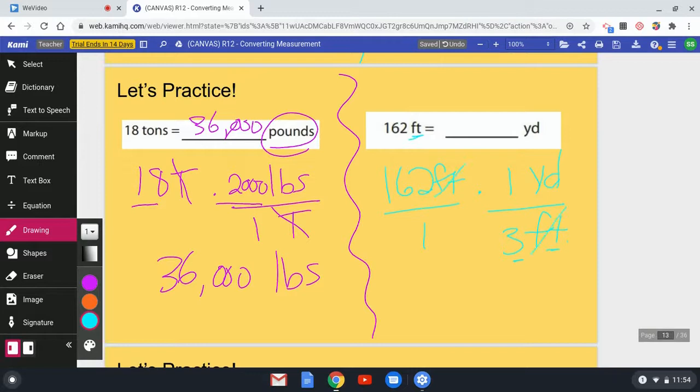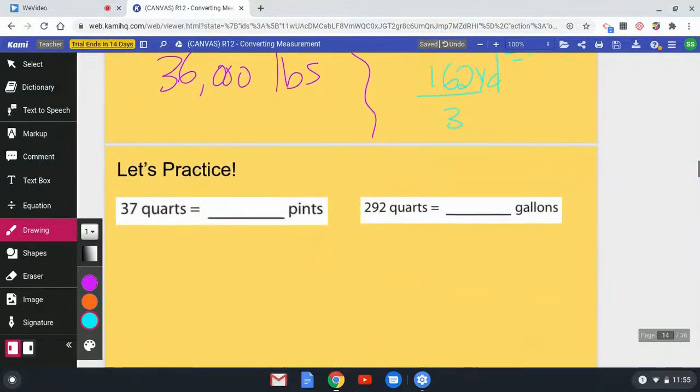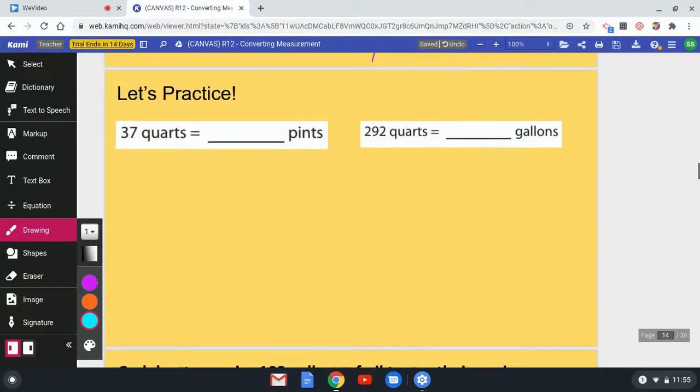Feet cancel. 16 times 1 is 16. 1 times 3 is 3. And I'm left with yards. So, just kidding. It's 162. On your calculator, 162 divided by 3, 54 yards. Go ahead and try these two on your own.